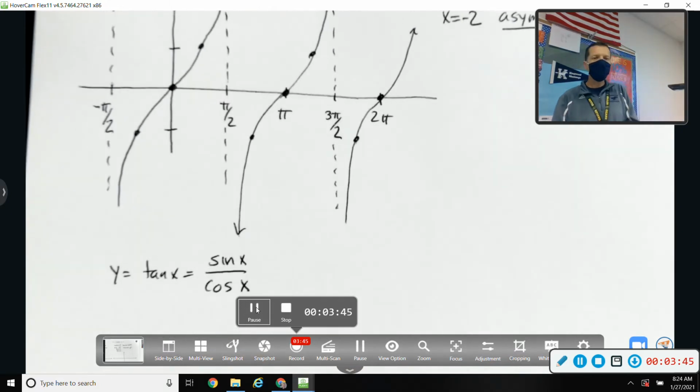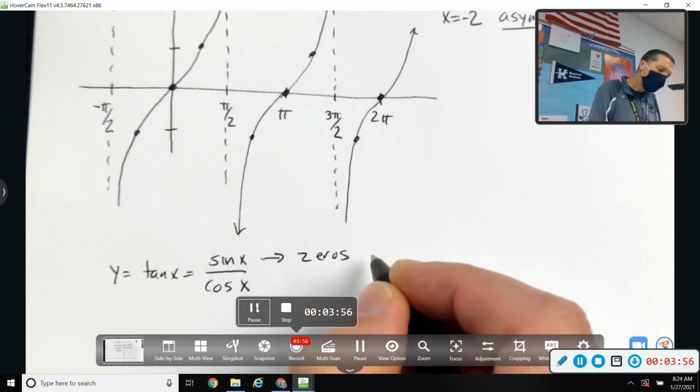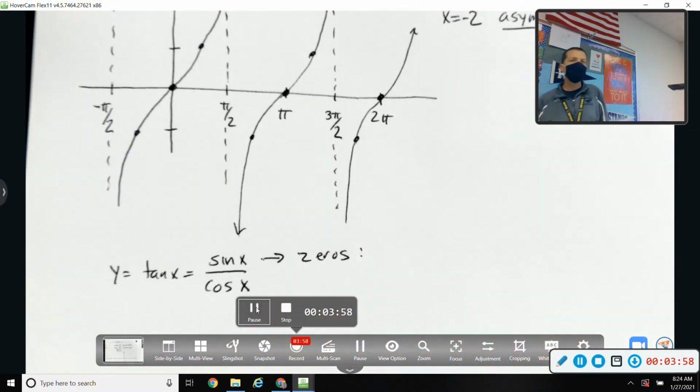All right, y equals tangent, which is sine over cosine. So where are the zeros of tangent? You can look at the picture, or you could think about the zeros of sine.